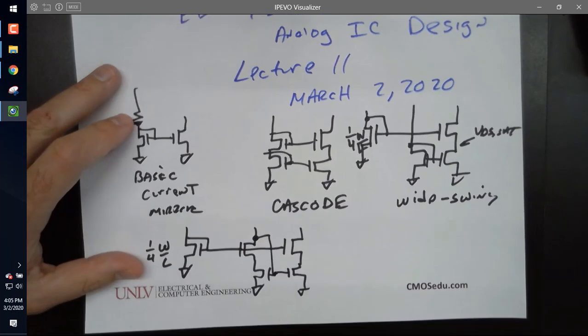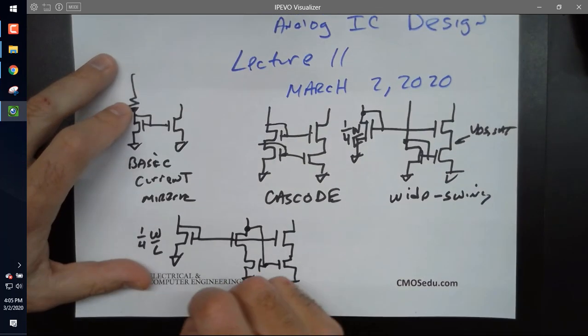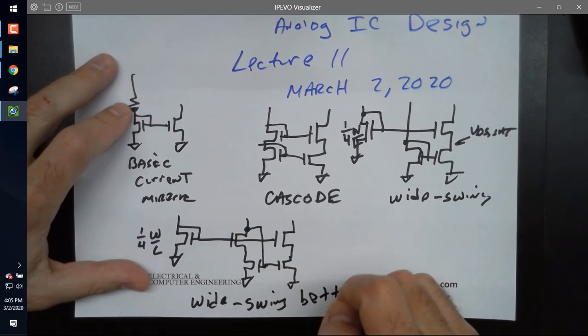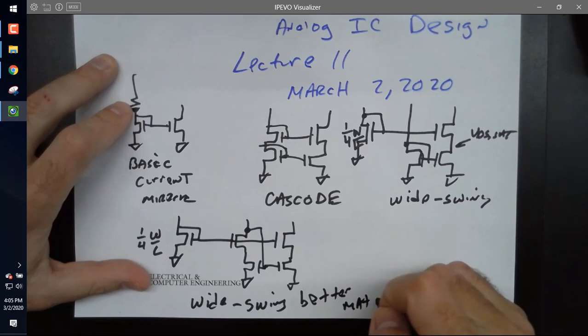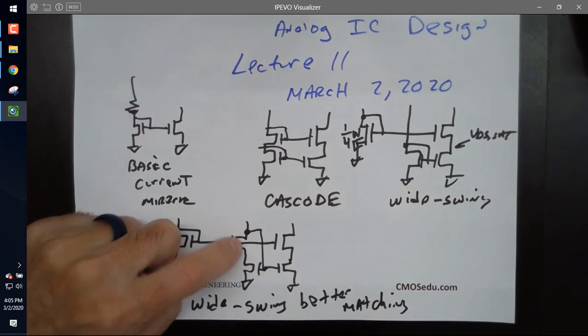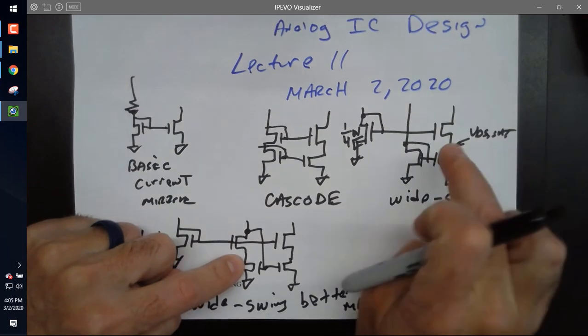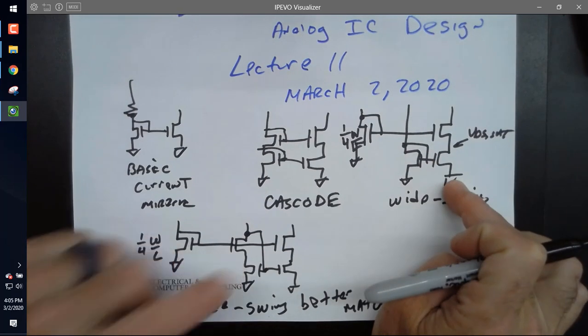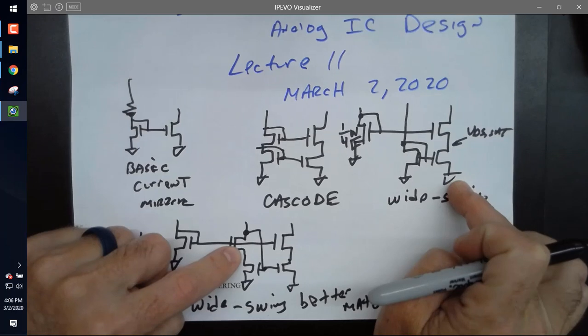And this was also the wide swing, with better matching. All right, any questions? Does everybody follow? If you're in a job interview, you could explain why this one doesn't match as well as this one.